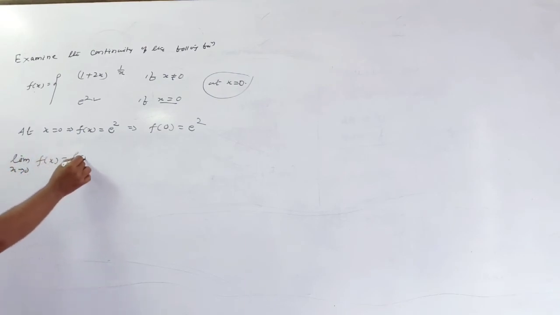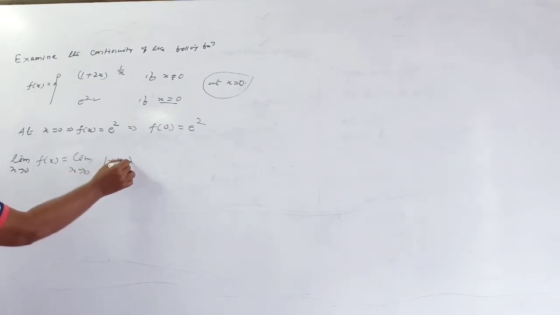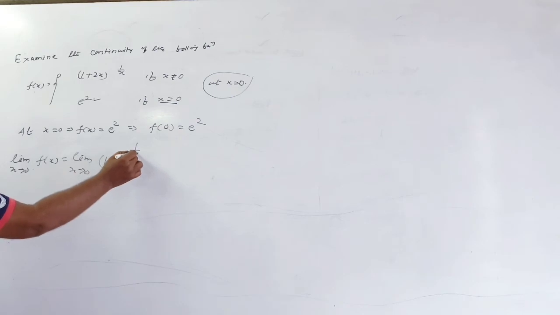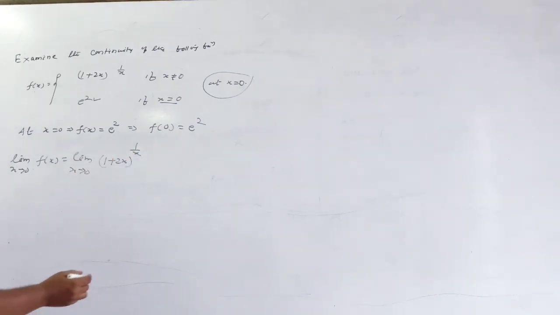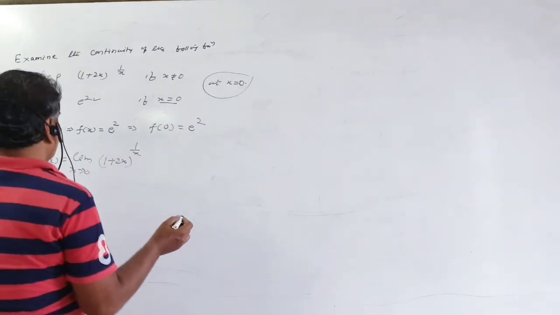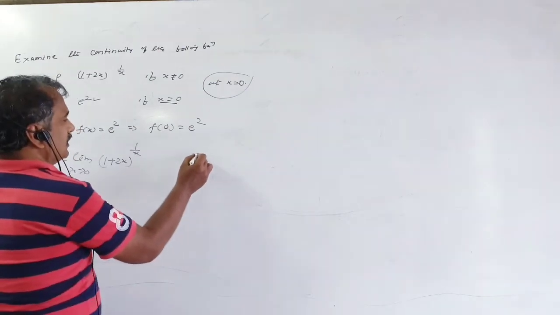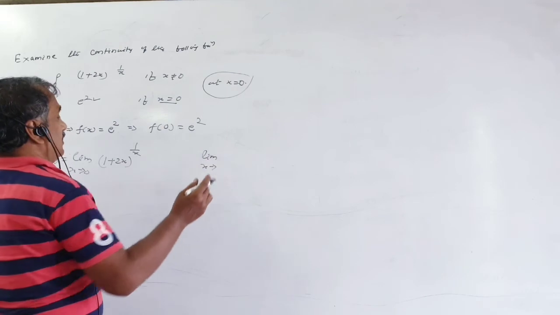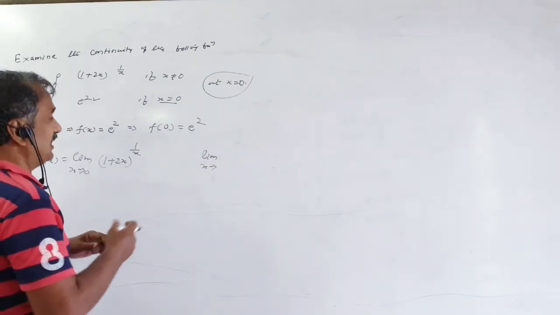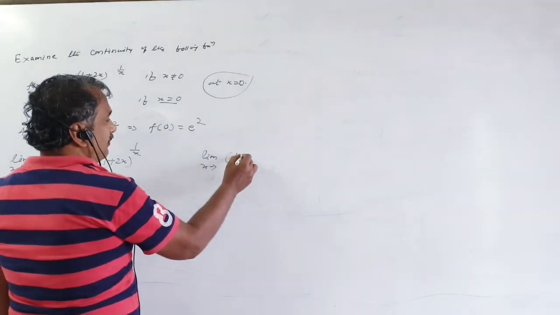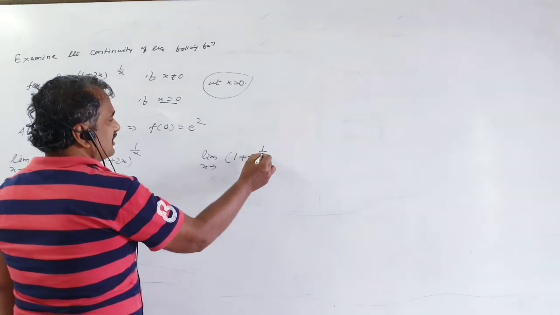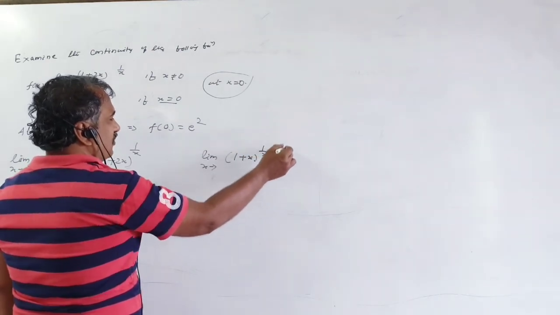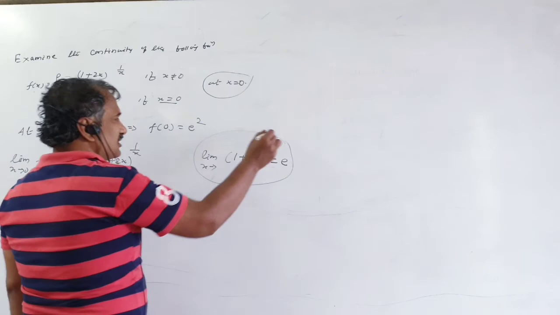So limit x tends to 0 of (1 plus 2x) to the power 1 by x. We already discussed in the last class some important formulas of limits. Limit x tends to 0 of (1 plus x) to the power 1 by x equals e.